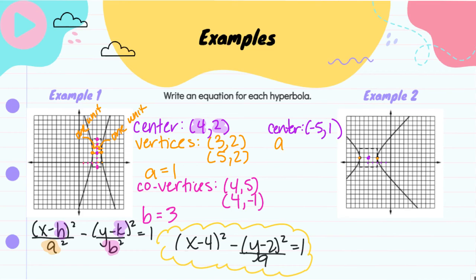So a is going to be 2, because from the purple to the orange dot we have 2 spaces. Now we're going to find the co-vertices, and they are on this little box, above and below the center. We can see the distance between the purple and the pink dots is also 2, so b equals 2.